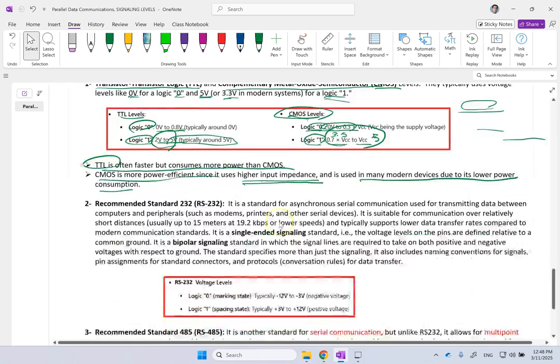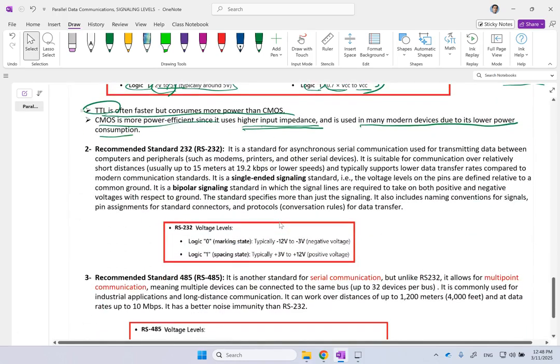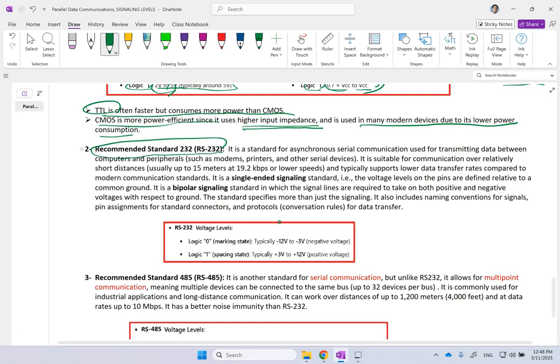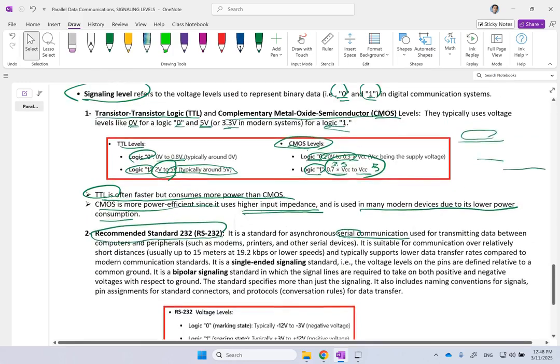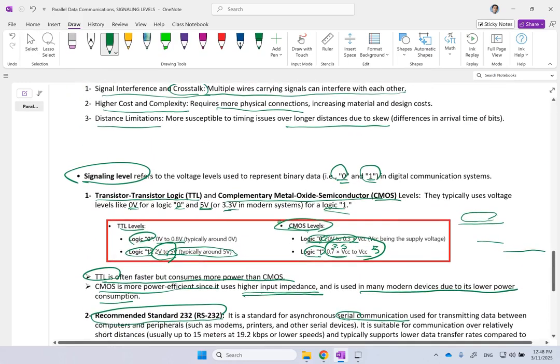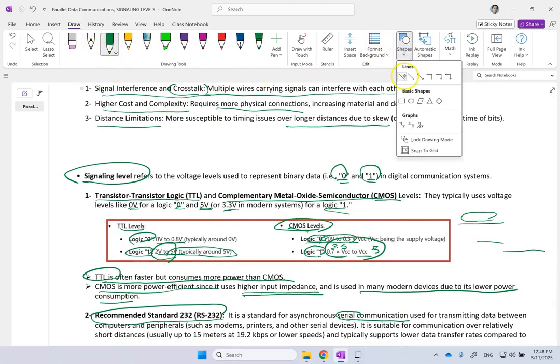And there are two other standards that are very common. One of them is called Recommended Standard 232, or RS-232. First of all, it is for serial communication. This one is not for parallel communication. So this topic of signal leveling is actually separate from the previous topic, parallel data communication.